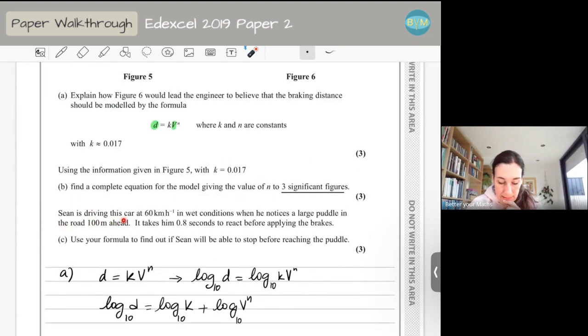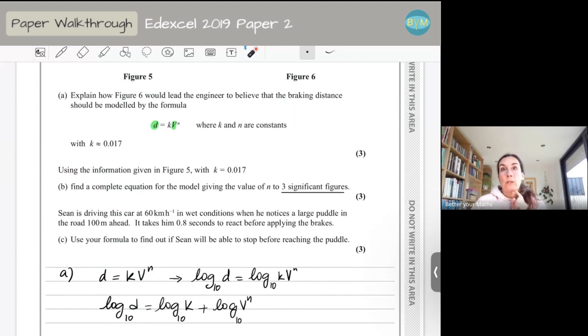Someone is driving the car at 60 kilometers per hour, so we know v, in wet conditions, when he notices a large puddle in the road 100 meters ahead. It takes him 0.8 seconds to react before applying the brakes. Use your formula to find out if he will be able to stop before reaching the puddle.